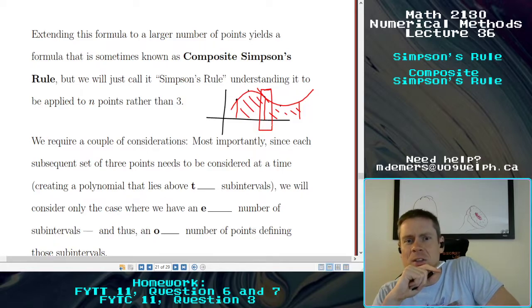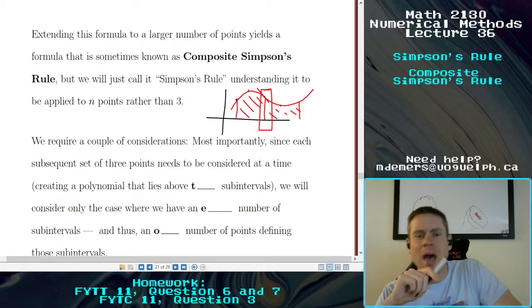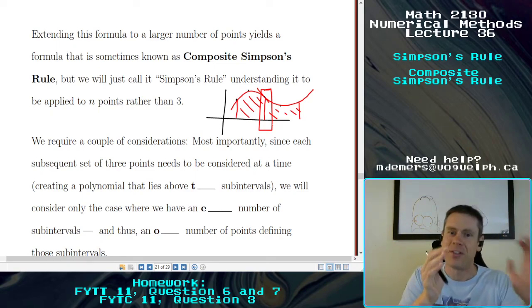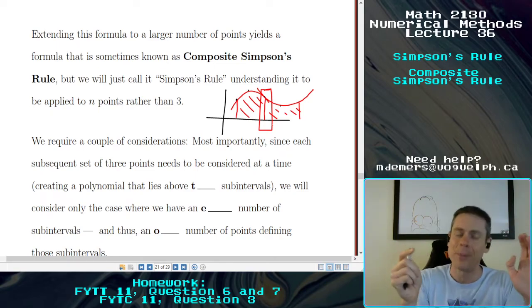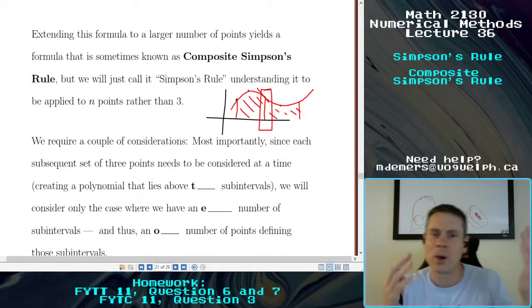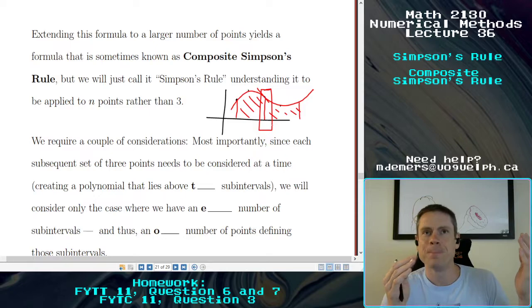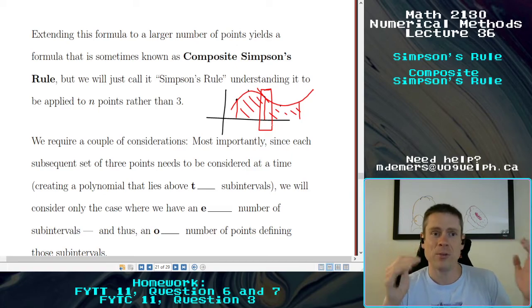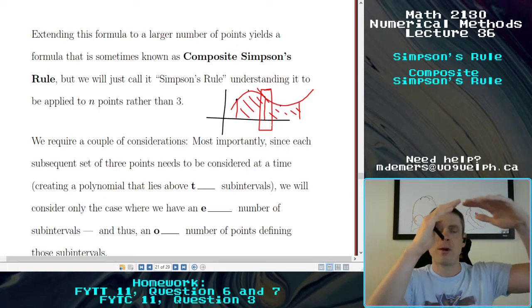Another thing is, this isn't working unless we have an even number of subintervals, because I need 2 subintervals necessarily to draw a parabola over them, right? I need sets of 3 points. We know this from our work earlier. And without having sets of 3 points, I don't get a parabola. So if I'm to do this, I need to have a set of 3 points.